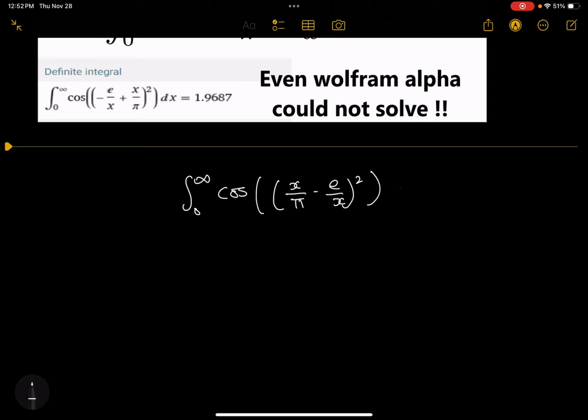Now you might think about how to simplify this. For this, there's a theorem known as Glasser's Master Theorem. This will simplify the problem a lot.